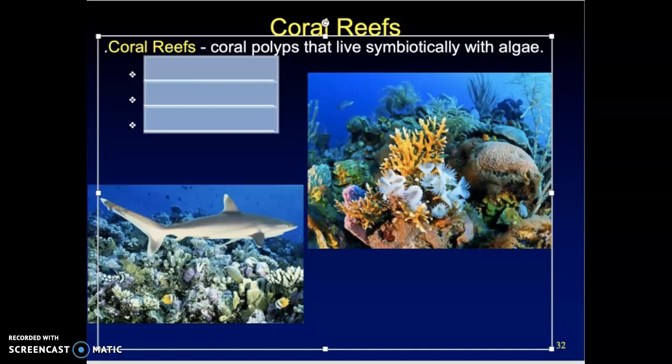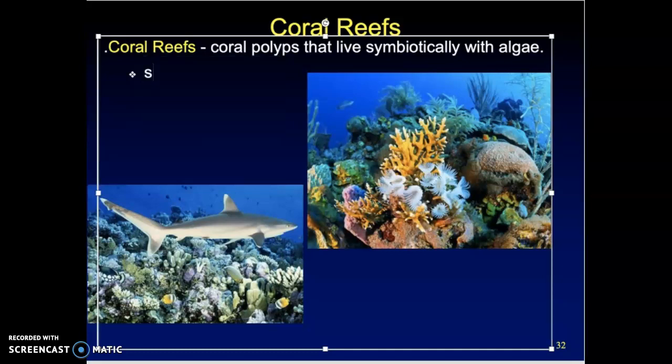So, all right, things to note about the coral reef. They are found in shallow water. Now, shallow is a relative term. It might be 60, 80, or 100 feet deep, but they need water that is shallow enough for the light to reach down to the coral because they have to photosynthesize.